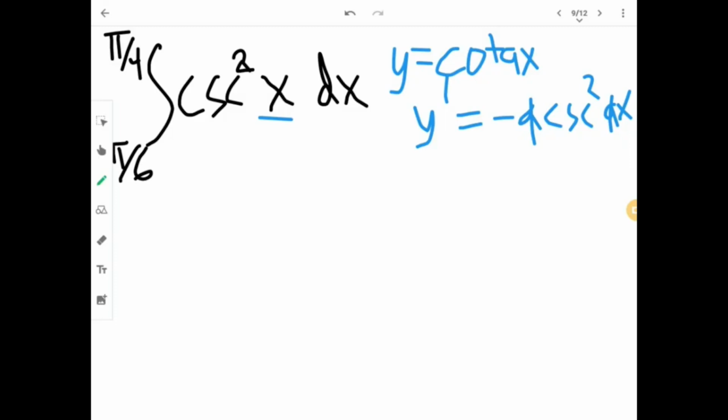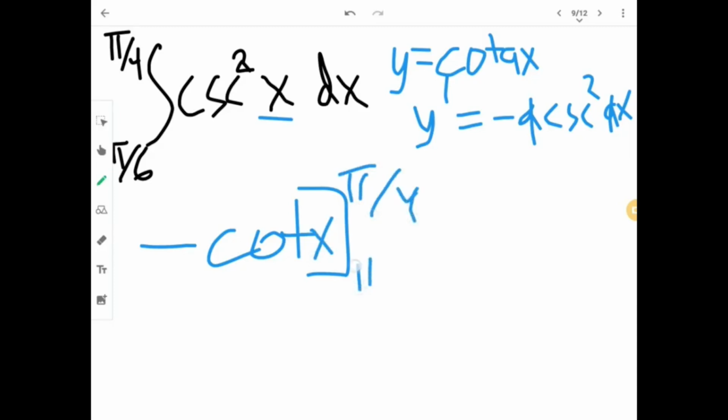So therefore, the antiderivative of cosecant squared is minus cotangent. It always just flips the minus between them. So the integral becomes minus cotangent, bounded by pi over 4 and pi over 6.